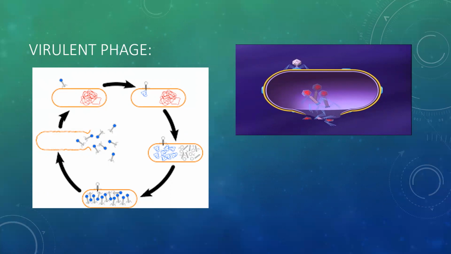When the phage nucleic acid enters the cell, it interacts with the genome of the bacteria and directs the synthesis of its own proteins, its own nucleic acid, and its own capsid proteins, which will be used for its own formation.